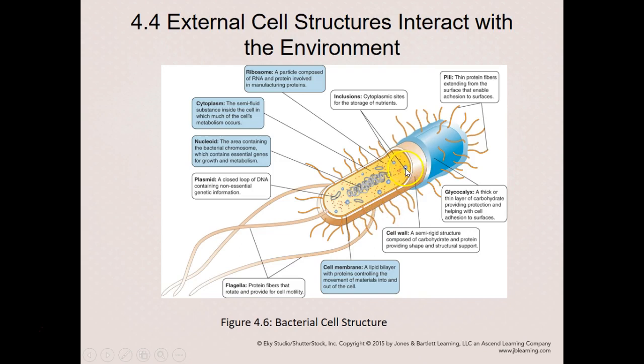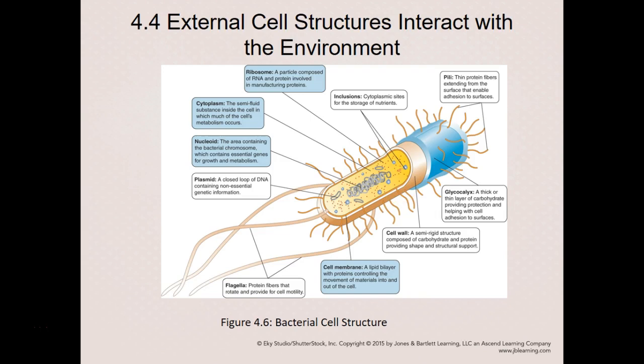We have tiny little sacs or storage compartments called inclusions that can store nutrients, waste products, gases, depending on what we might need. Then we have the cell wall and the plasma membrane first, and then the cell wall. The plasma membrane of bacteria is similar to the plasma membrane of the eukaryotes.